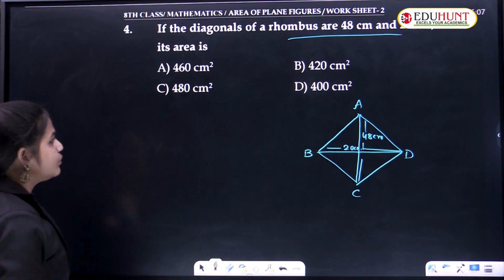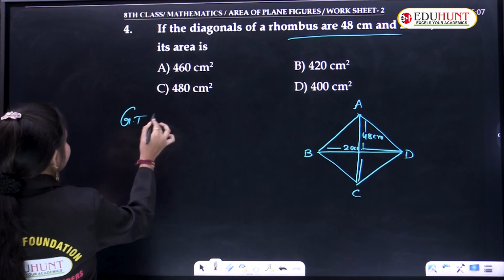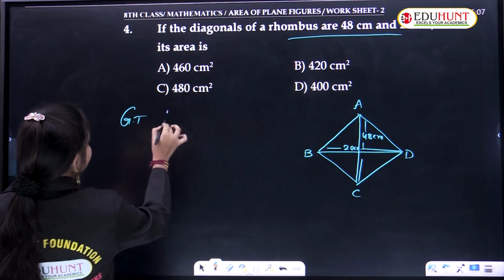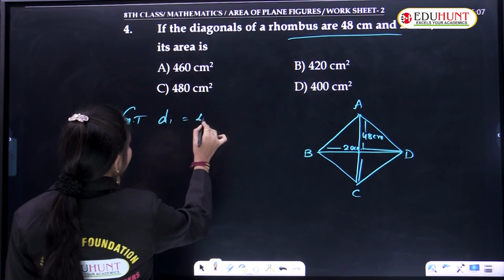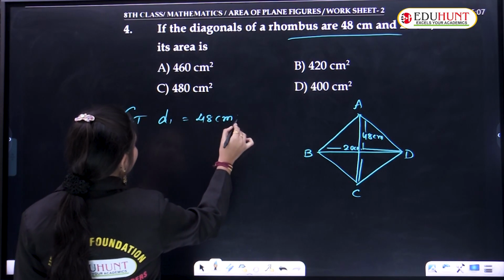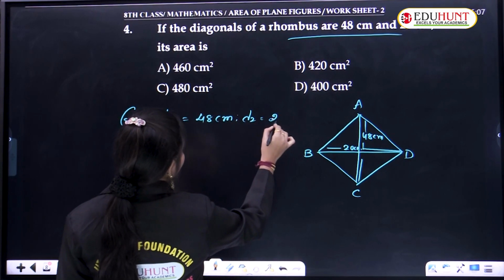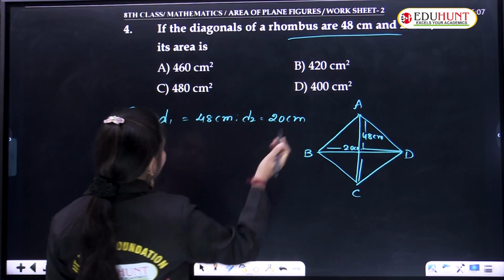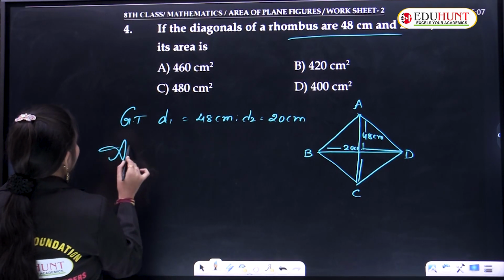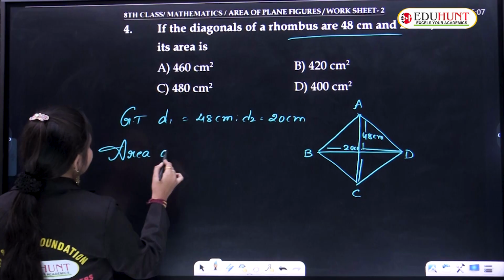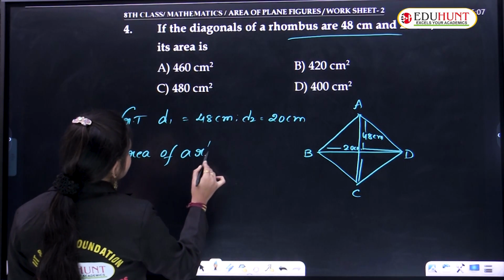Okay, D1 and D2 they have given, that D1 is equal to 48 centimeters and D2 is equal to 20 centimeters, or else D1 is equal to 20 and D2 is equal to 48. Okay. Now here, area of a rhombus formula, what is that?